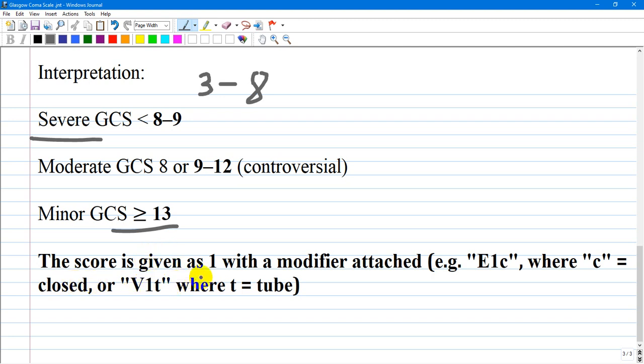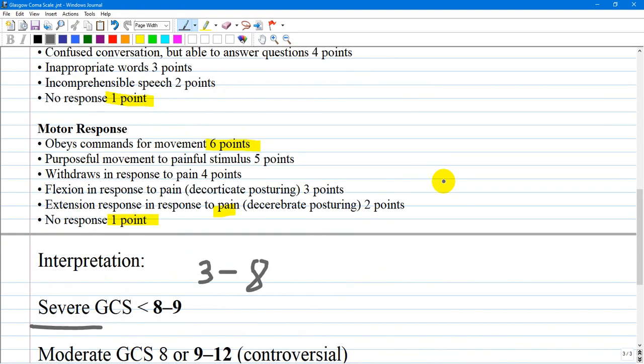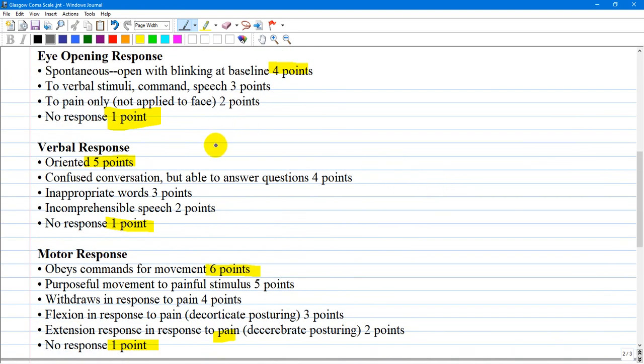For example, eye opening, verbal, and motor. Eye opening, if facial trauma, only 1 point. Verbal response, patient is intubated, only 1 point. So we have 2 points here.